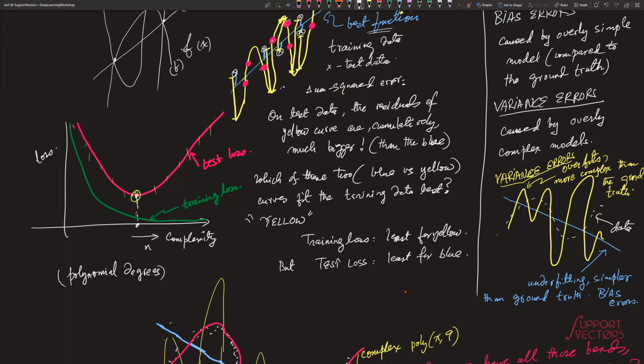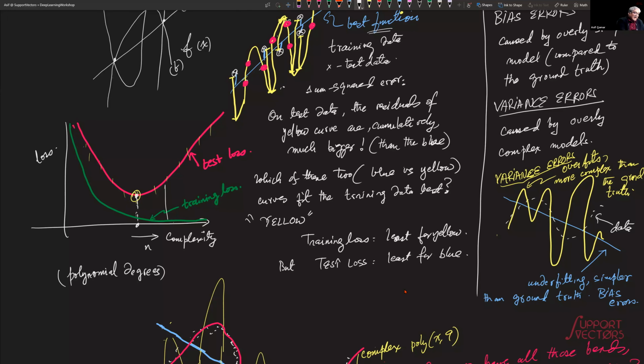You build a model and you notice that there is a significant gap between your training loss and your test loss, or the test performance. The performance on your training data is very good. The performance on the test data is much less. Then you conclude you are looking at overfitting. You have made a model that's too complex. That is a clear sign.